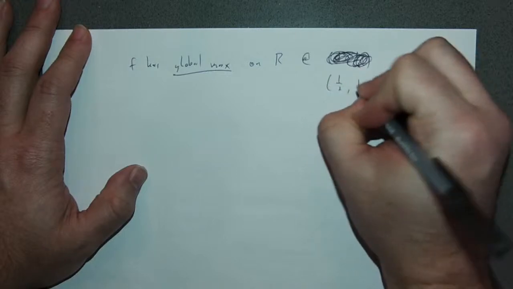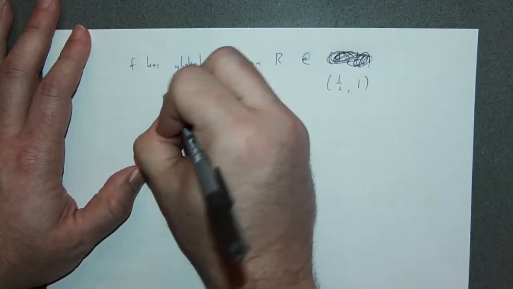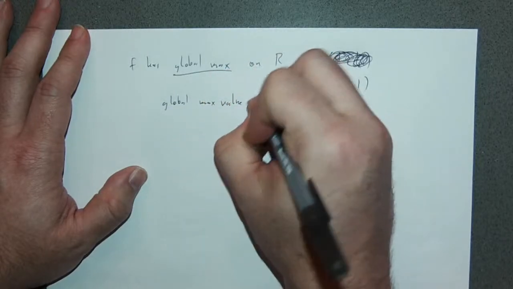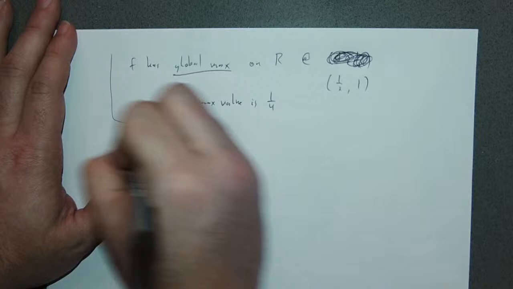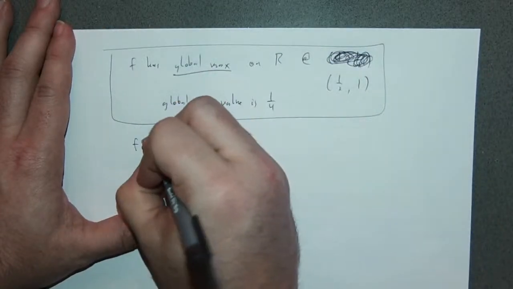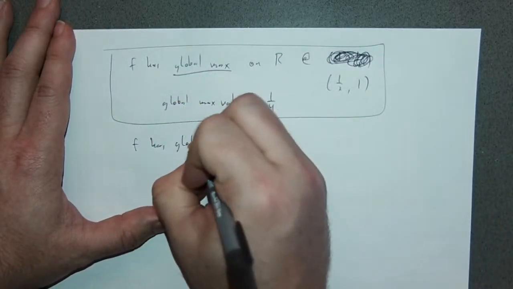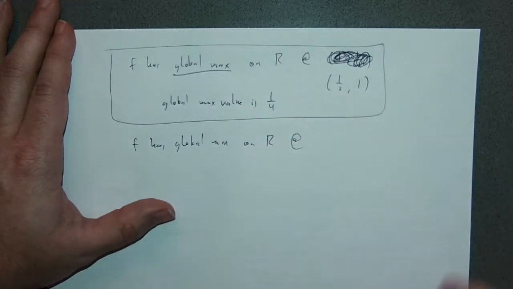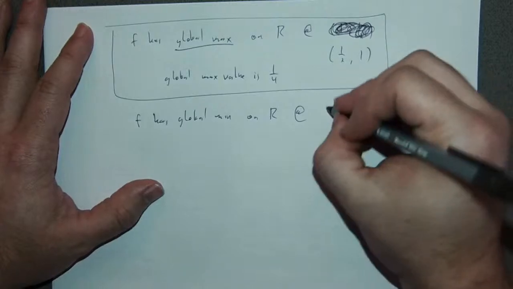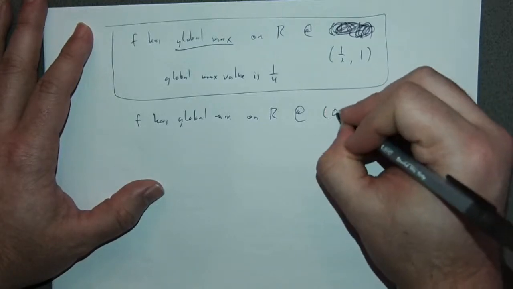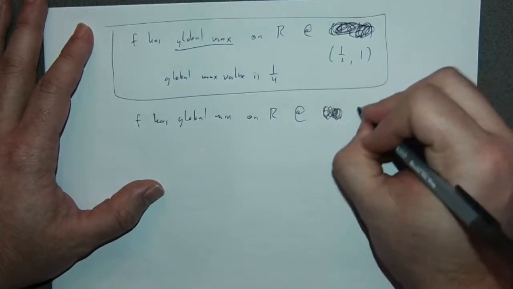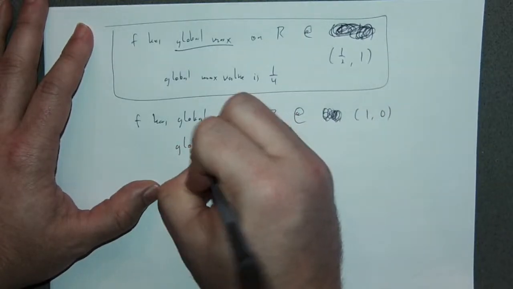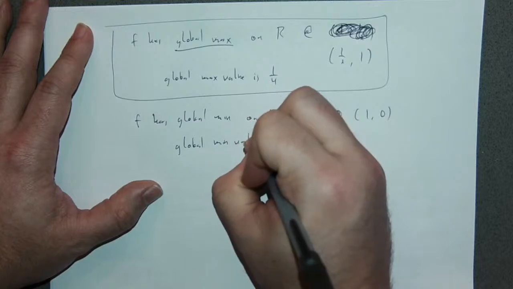So at (1/2, 1), the global max value is 1/4. f has global min on R at the bottom right corner, right? So (1, 0). And the global min value is -1.